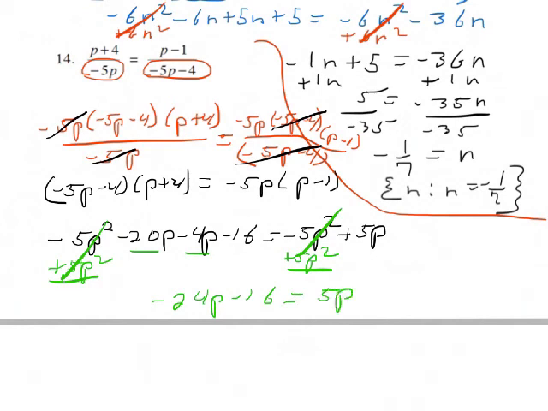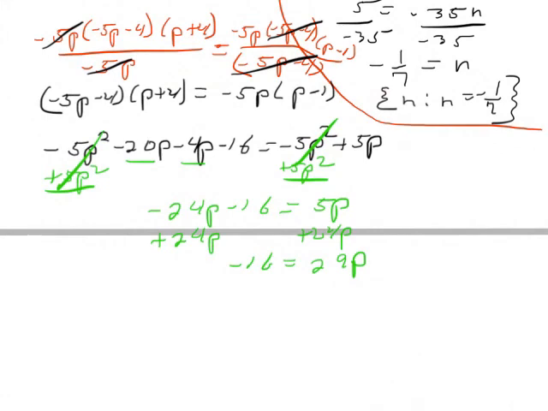So I'm going to add this 24p to this side, and that will give us negative 16 equals 29p. Wow, that's getting pretty ugly there. So now I'm going to divide both sides by 29, and I will get p equals negative 16 over 29. That is very ugly.